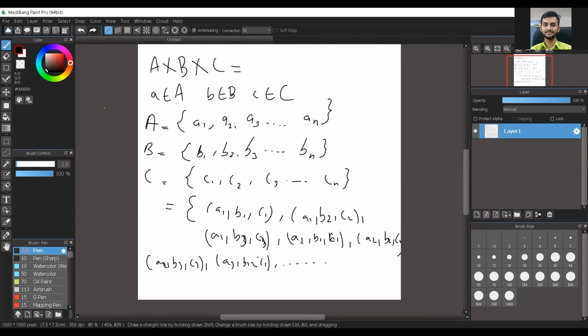Then again A2, it will be B1, C1; A2, B2, C2; A2, B3, C3. Then A3 goes on. After you complete A, we go to B. Is it clear now? Yes.